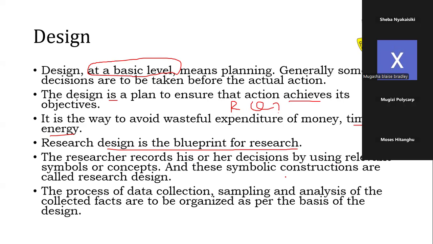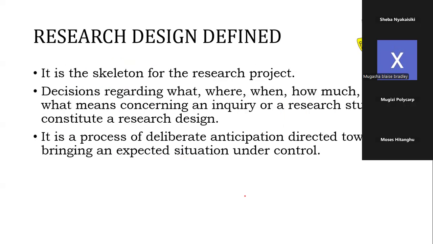So let's move on to a significant thing about research design. It's not just that the researcher records the important things the person intends to do; the researcher also begins to understand what kind of data he or she is going to be collecting, and sampling and analysis and so on. It's pointing to which direction the person is going.